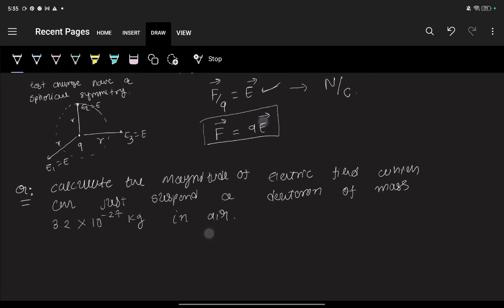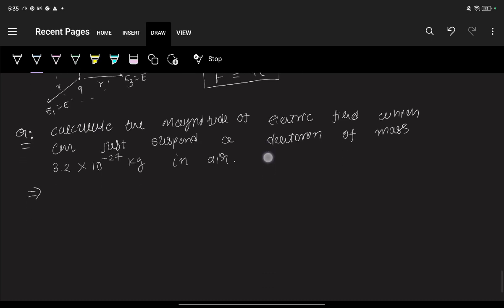You think you can do this? Did you understand the question? We have to find the electric field of the deuteron, but they have only given us mass. They have not given us any charge. We need to find the electric field which can levitate the deuteron in the air.